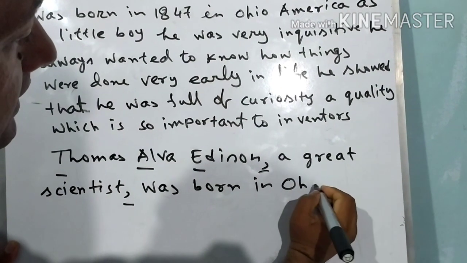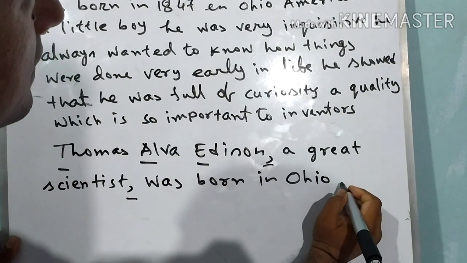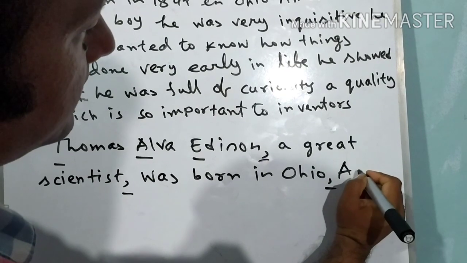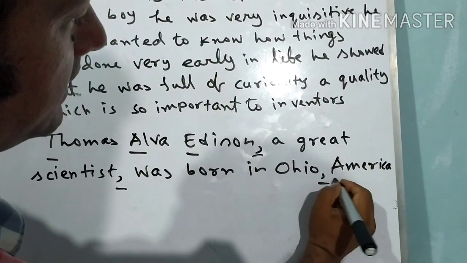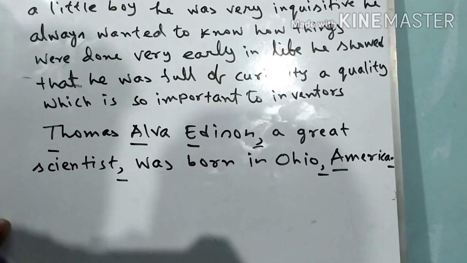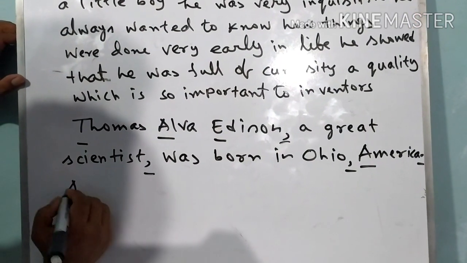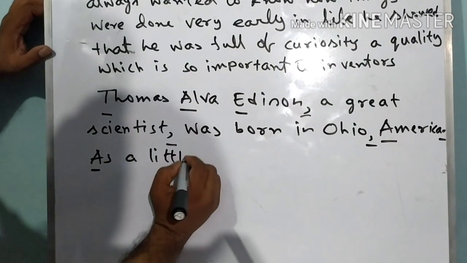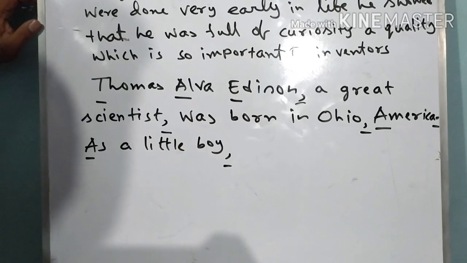So O will be capital, and there will be comma, America, A will be capital, full stop. As a little boy, another sentence started, A. As a little boy, here will be comma.